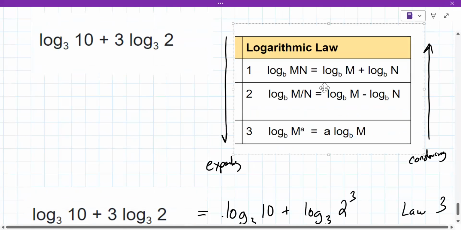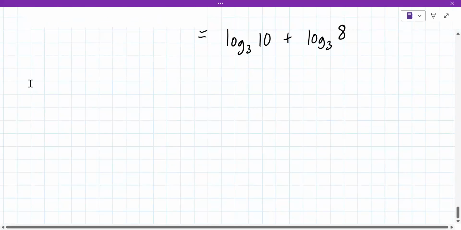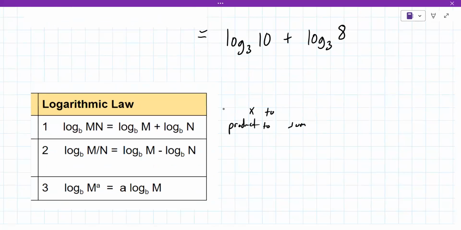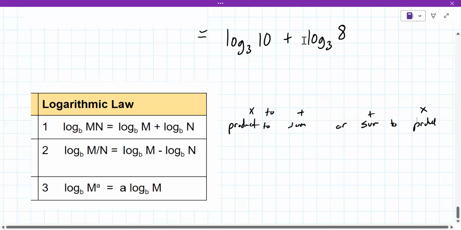Okay, let's take a look at them together. The first one is a product to sum, basically multiplication to addition, or if you're going backwards, it's a sum to product.